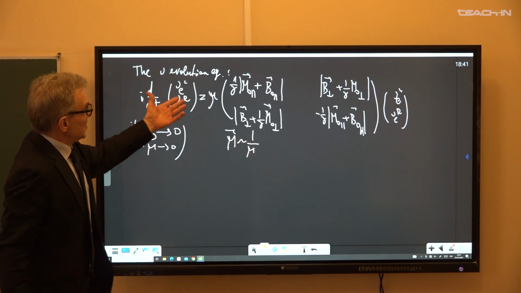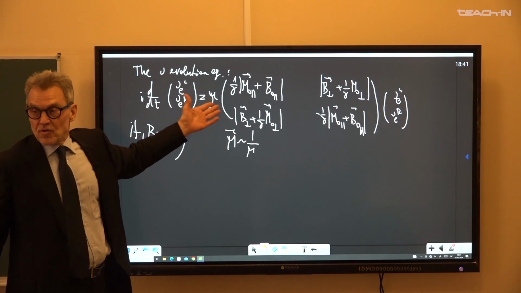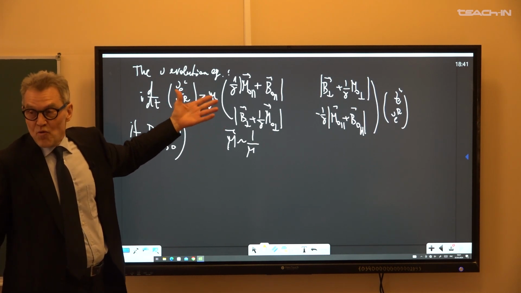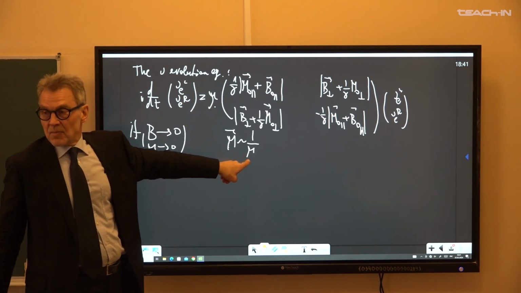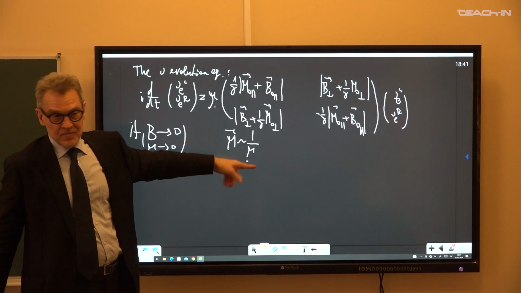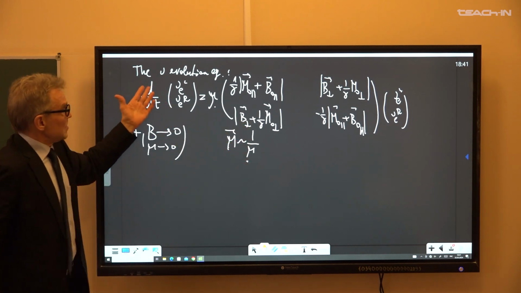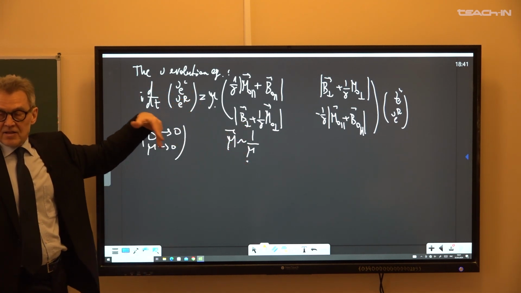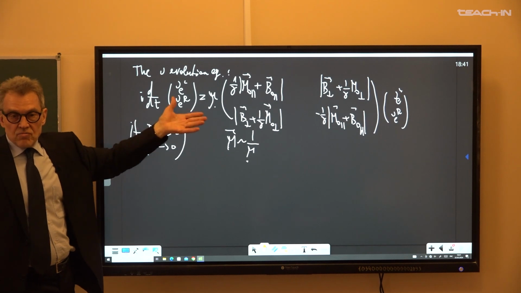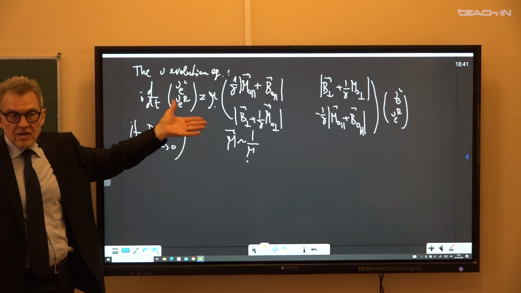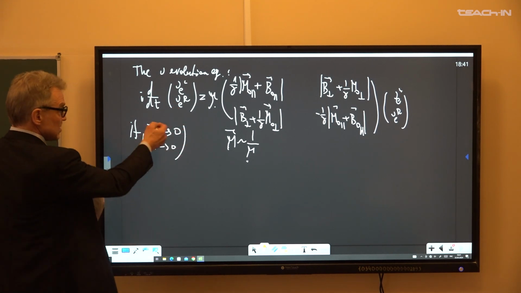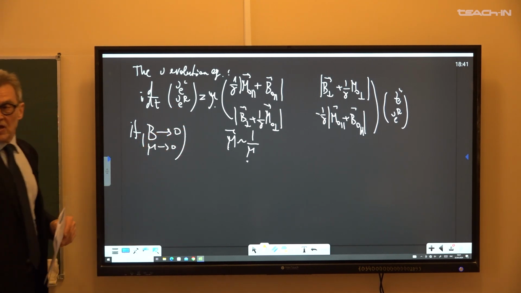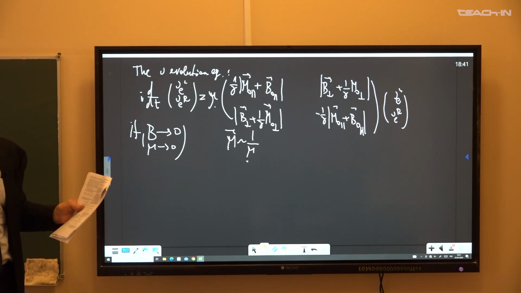So it means that the contribution of interaction of neutrinos with moving matter is free of magnetic moments. It's cancelled out. So in this equation we can switch off the magnetic field and magnetic moment. Let's consider this particular case when only moving matter acts in this equation.